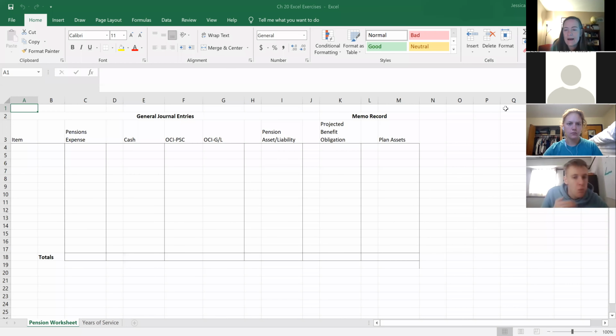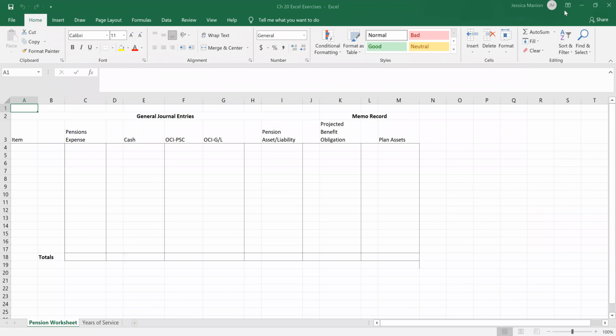So hopefully making sense. But I'm going to share my screen with you and get the Excel spreadsheet pulled up. I'm just using the same Excel spreadsheet that we've been using all week.